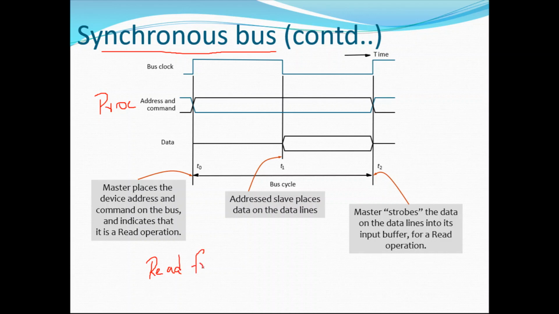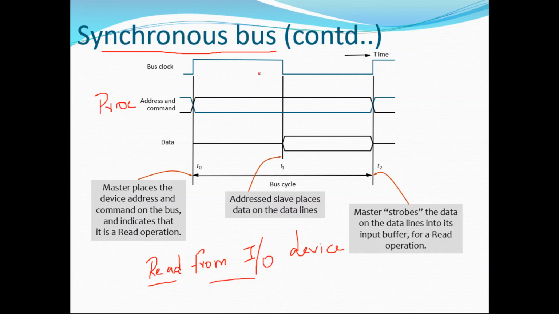This diagram shows how the processor reads from any of the IO devices using a synchronous bus.